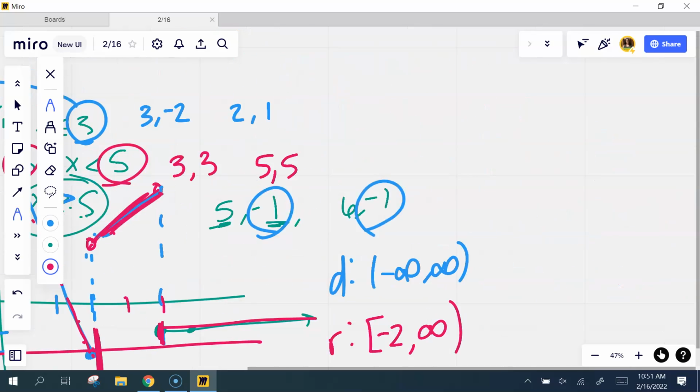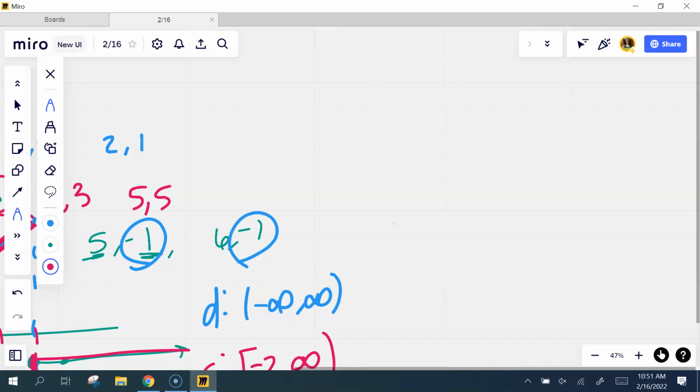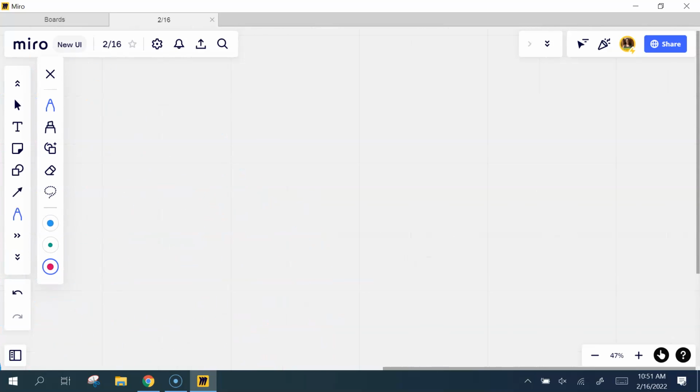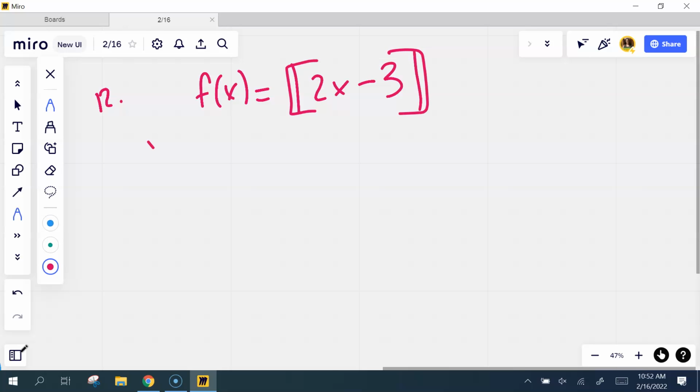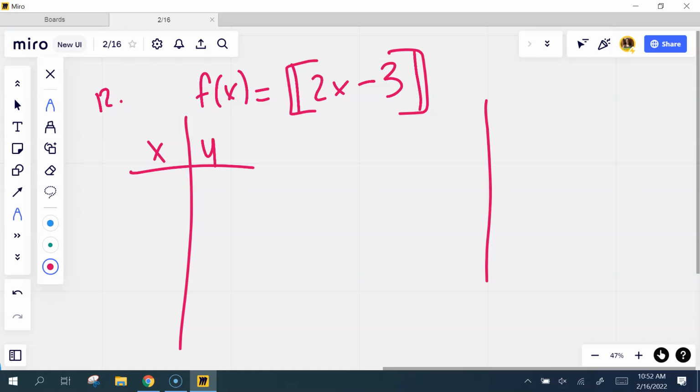Yes. Number 12 is your greatest integer function. That's the only one that was new material yesterday. f of x equals 2x minus 3. So remember, I need to find that jump. Maybe I start with my same 0 and 1 that I normally start with.